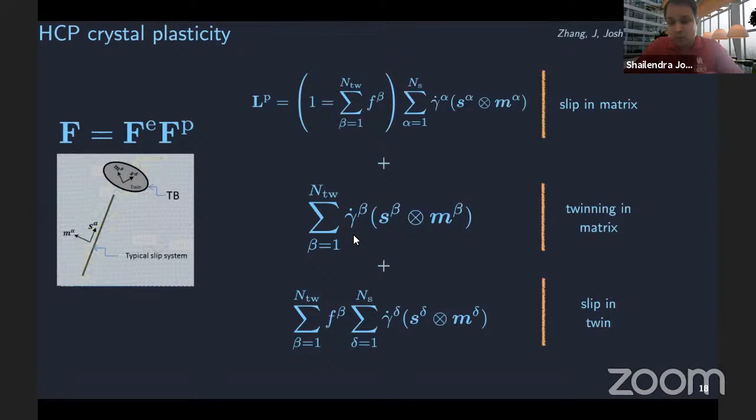So they are still continuum theories, not atomistic theories, but the constitutive laws for these slip and twin rates, indicated by gamma dot alpha and gamma dot beta respectively, are defined, or their evolution is defined, by processes that we observe at the atomistic scale, either through atomistic calculations or via experiments. But the calculations are entirely continuum.